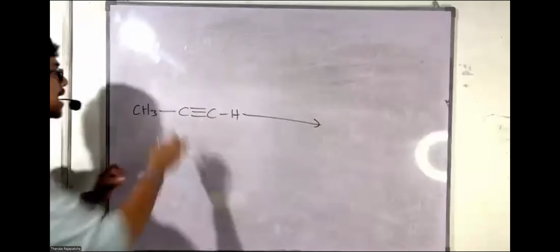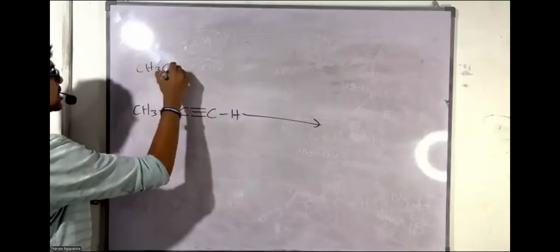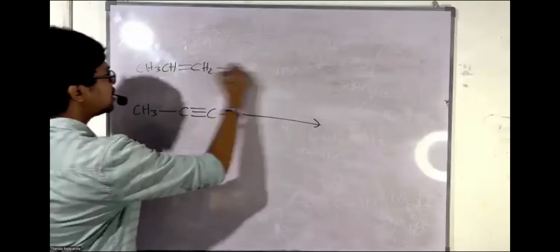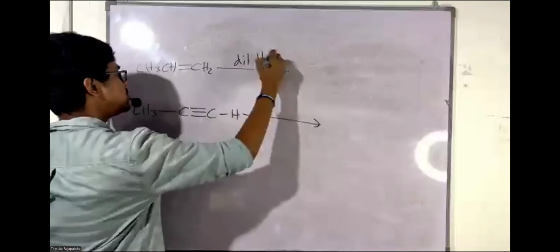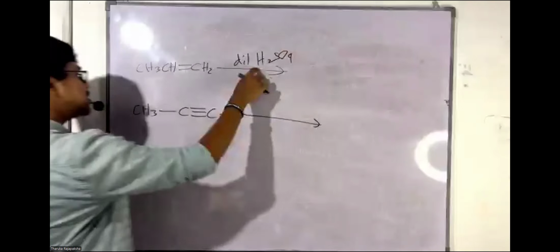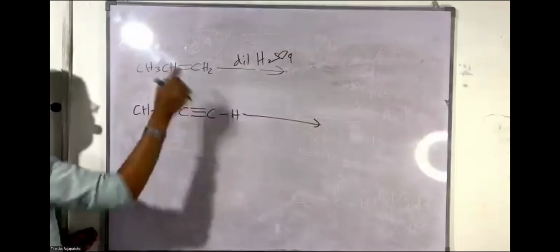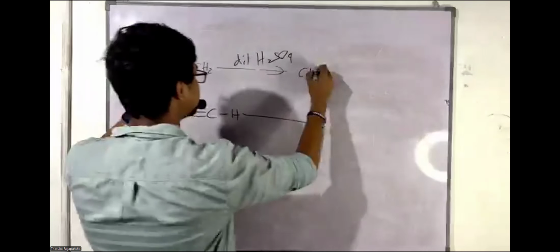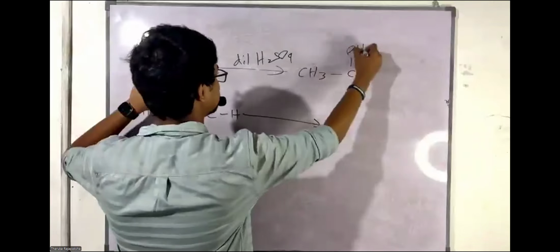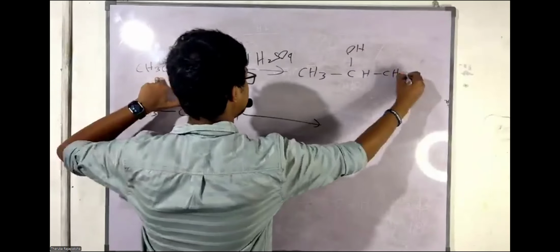In alkene hydration, we had CH3, CH double bond CH2, and we add dilute H2SO4. The OH will attach to the central carbon. This is what we meant by hydration in alkenes.